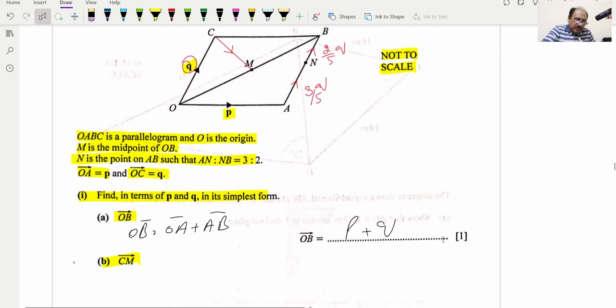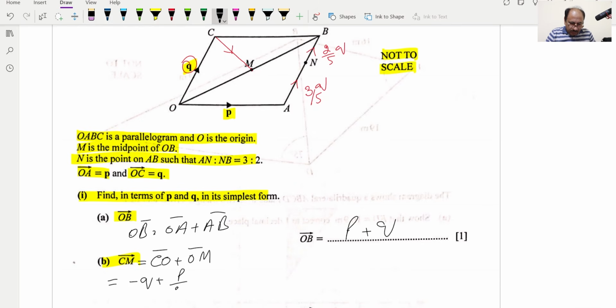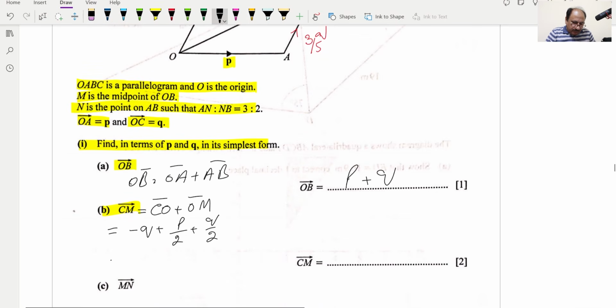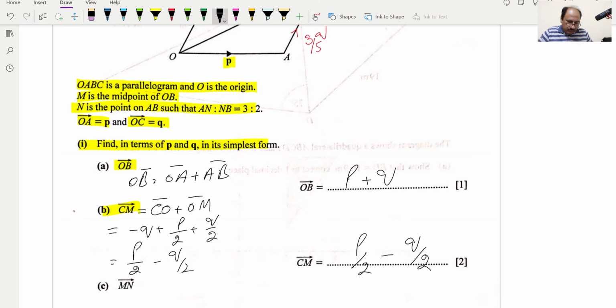CO is minus Q, plus OM is half of P plus Q, which is (P plus Q) by 2. So we can write P by 2 plus Q by 2, half of what we have just found. Simplifying, this will be P by 2 minus Q by 2, and this will be our answer for CM.